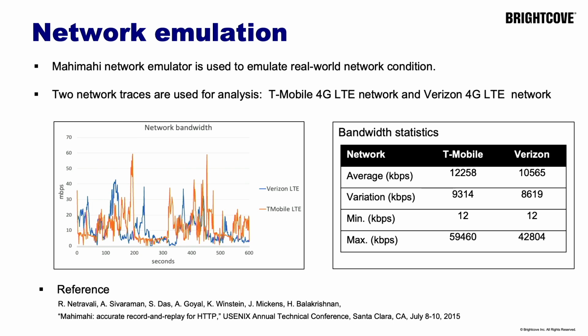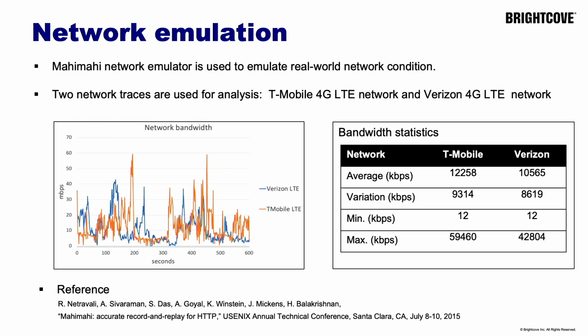For network emulation, we use the Mahimahi emulator to emulate real-world network conditions, and we use 2 traces, T-Mobile LTE and Verizon LTE. This diagram shows how dynamic the 2 network traces are. The network bandwidth fluctuates significantly for both networks.